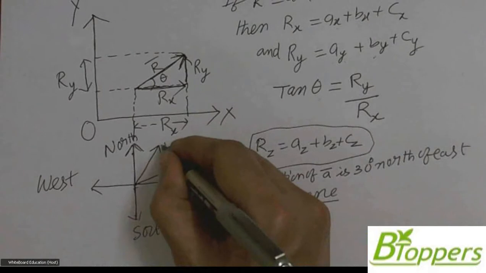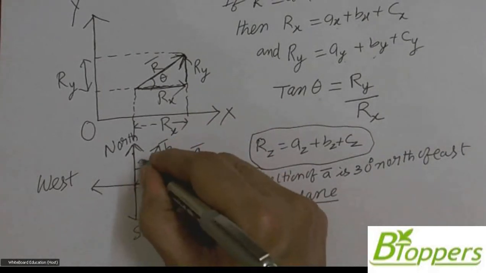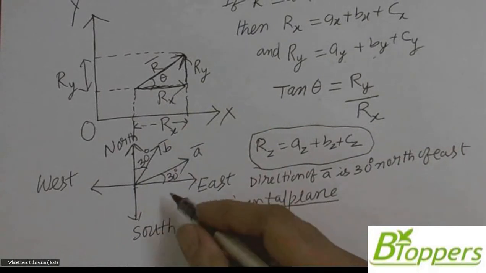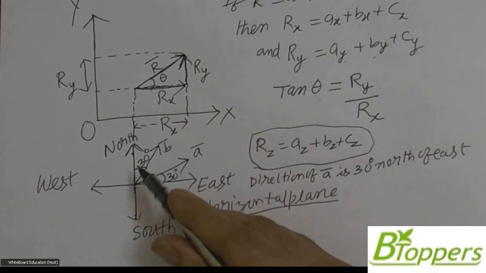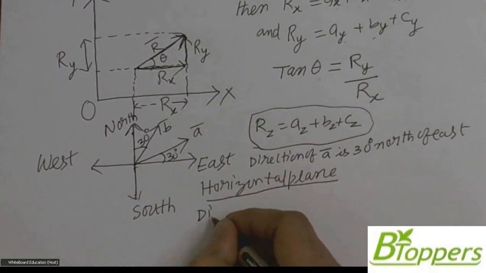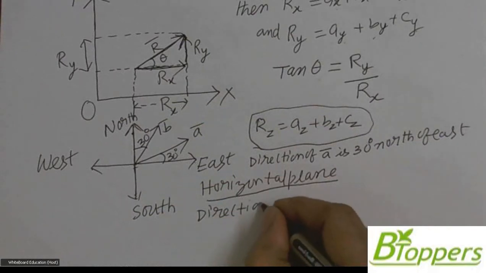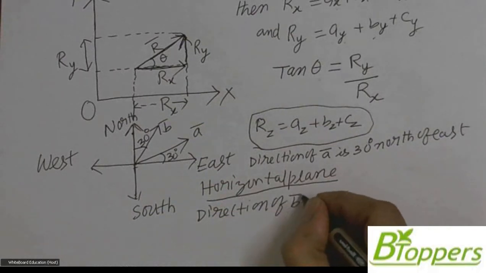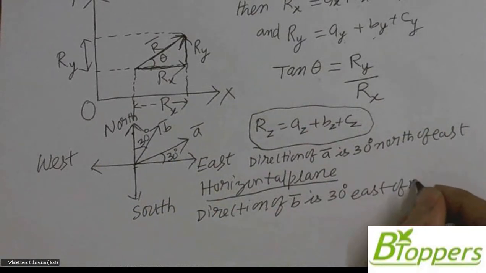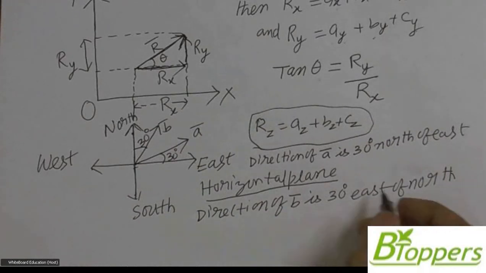Suppose you have another vector B bar that lies in the horizontal plane, making an angle of 30 degrees with the north direction, inclined towards east. Then we write direction of vector B bar is 30 degrees east of north. East of north means the angle is made with the north direction.